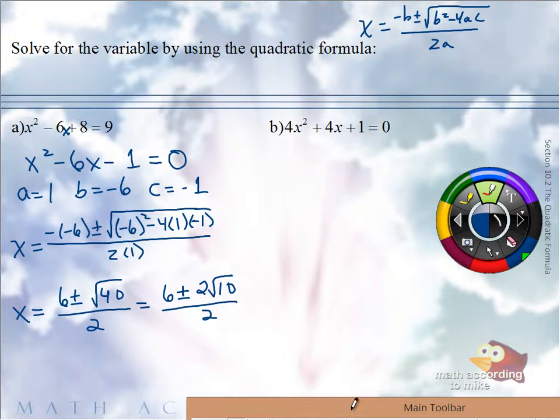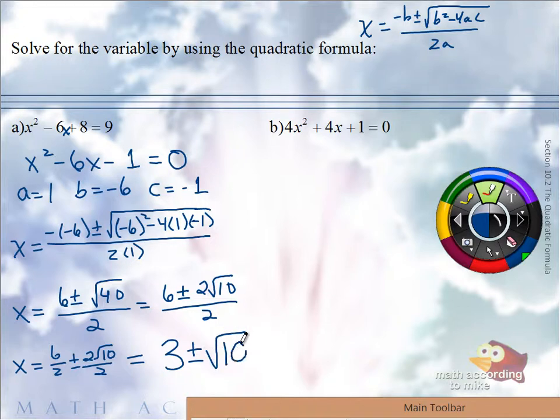So as we had before, I would appreciate if you thought about breaking this up as 6 halves plus or minus 2 radical 10 over 2. And now cleaning this up, what is 6 halves? Plus or minus 2 radical 10 halves? Radical 10.